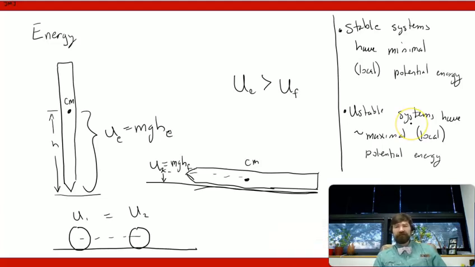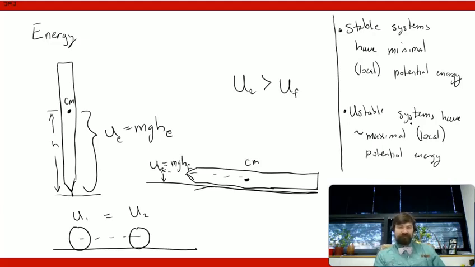So what do I mean by local potential energy is at a maximum? Well, if I'm just allowed to pivot about this ground, I'm not allowed to leave contact with the ground, so this point is somehow touching the ground, then this right here is basically your maximum potential energy configuration.